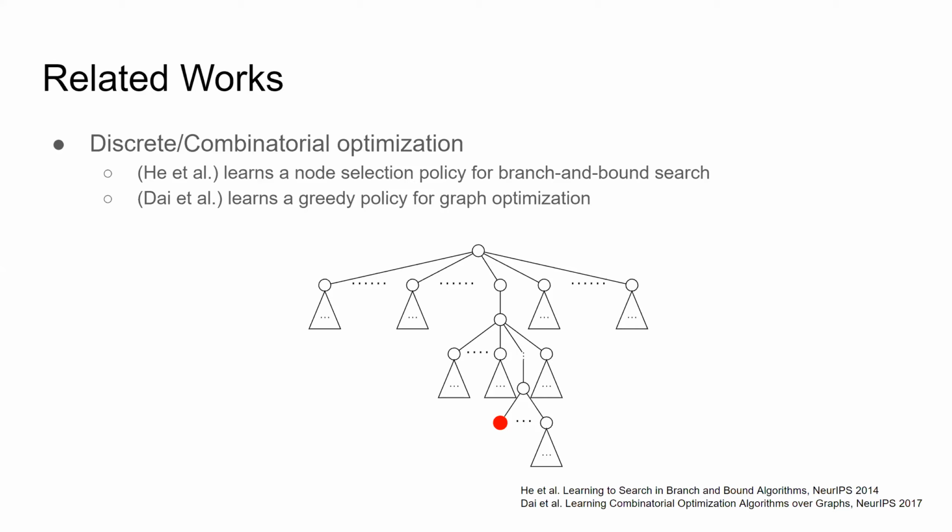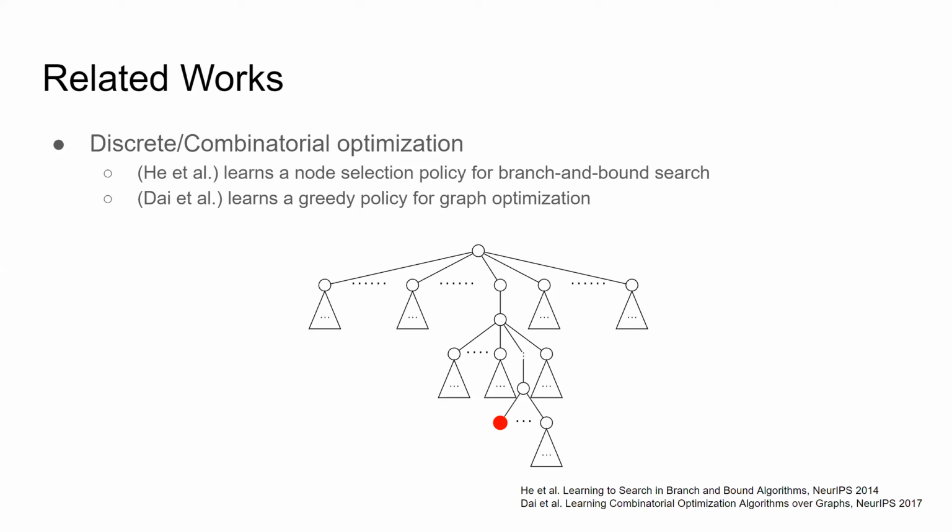In this case, there are two works I think are representative. First, He et al., which is learning to search in branch and bound algorithms. Here they learn a node selection policy in this branch and bound tree search framework for solving integer programs.